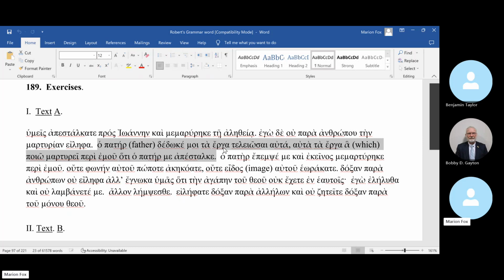Teleosai is from teleos or teleoo, the verb form, and that's to complete something. So I've finished the works, I've completed them, brought them to their fruition, to their fullness, to their complete maturity. So Jesus brought maturity.